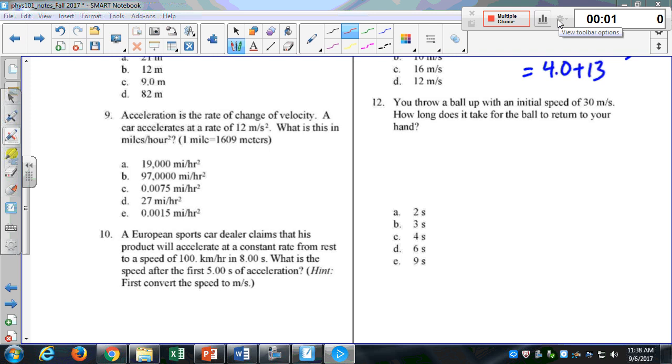Number 12 here. You throw a ball up with an initial speed of 30 meters per second. How long does it take for the ball to return to your hand? This is just like that problem we did with the stone we threw up, but it's just one small part of it. We're running short on time. I'm going to work it with you, okay?